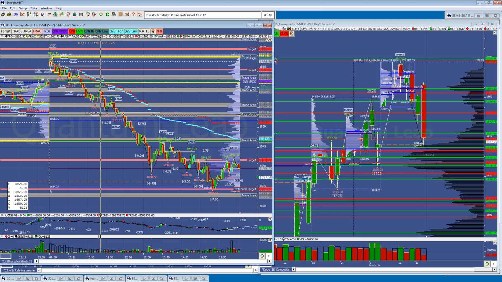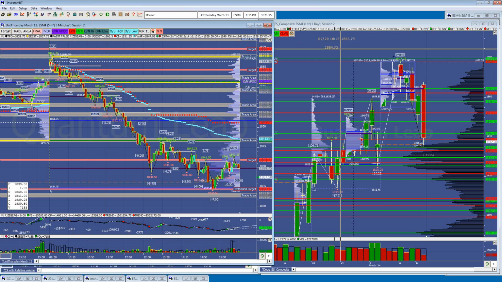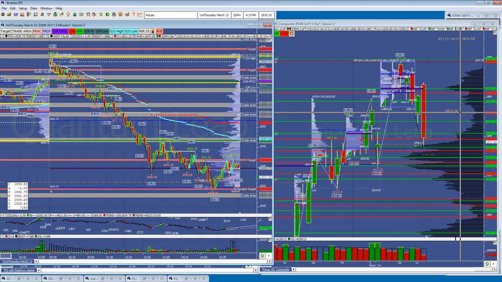Now I didn't think that we would get much lower than that. I thought we'd bounce off here and we'd trade inside of the prior day value area and just chop around there. But I did say that if we did break below 52.25, that we were likely to move all the way down to this 42 area.